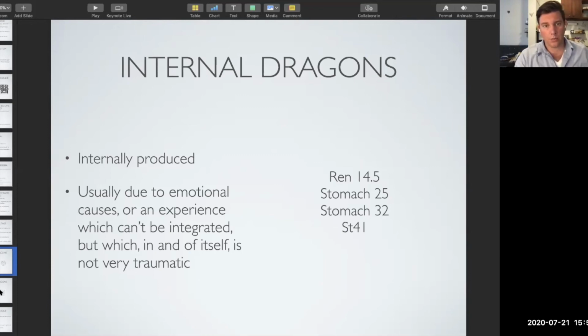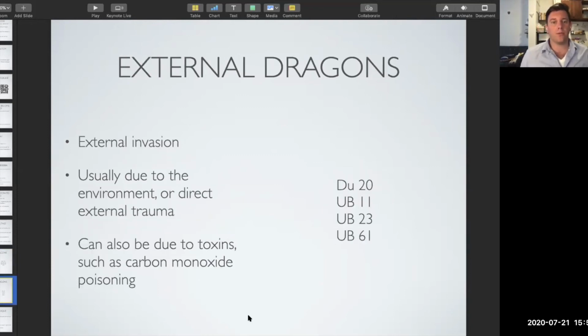And on the other hand, we have external dragon treatments for people who've been affected by their environment. Often this is some sort of toxicity or poisoning. I have a friend who I'm hopefully going to get to try this on in the next couple of weeks, who worked at the Whitney as an art restoration expert and got heavy metal poisoning from working on paintings there, and has exhibited some personality changes since then that she's aware of, that she's uncomfortable with.